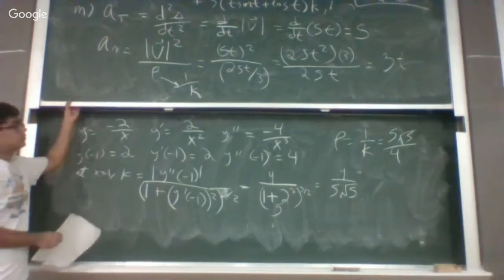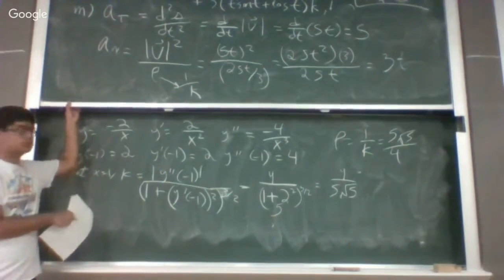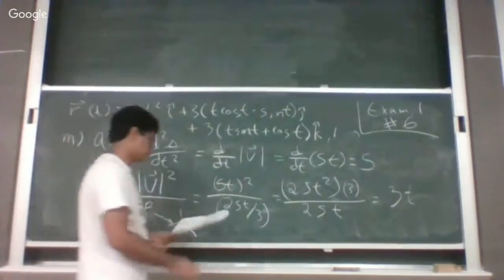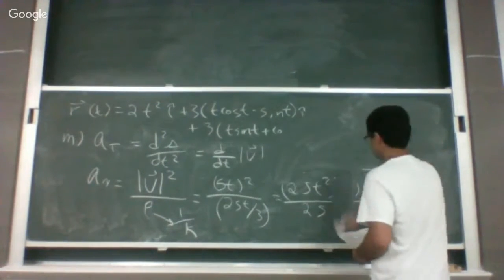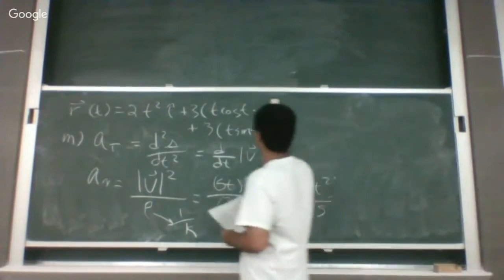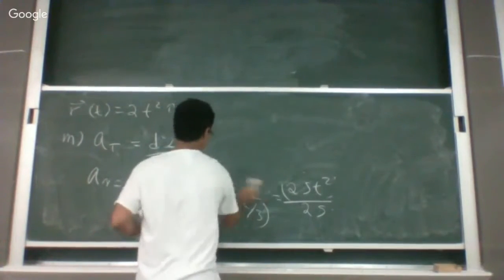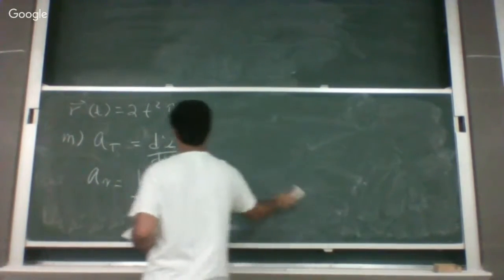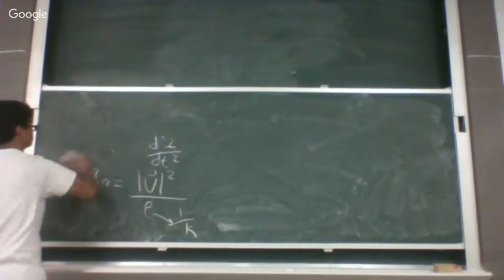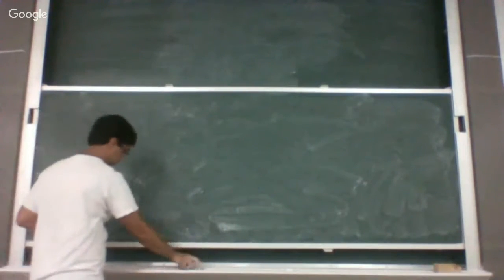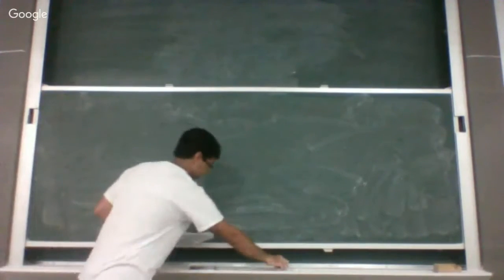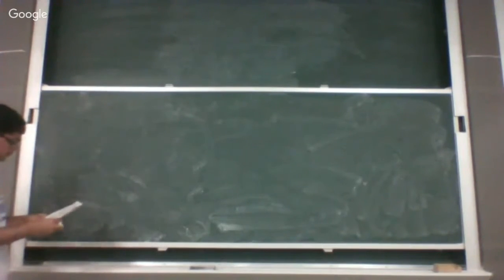Okay. Are you guys good with this? Okay, so we have to find the center of the circle of curvature, h comma k.